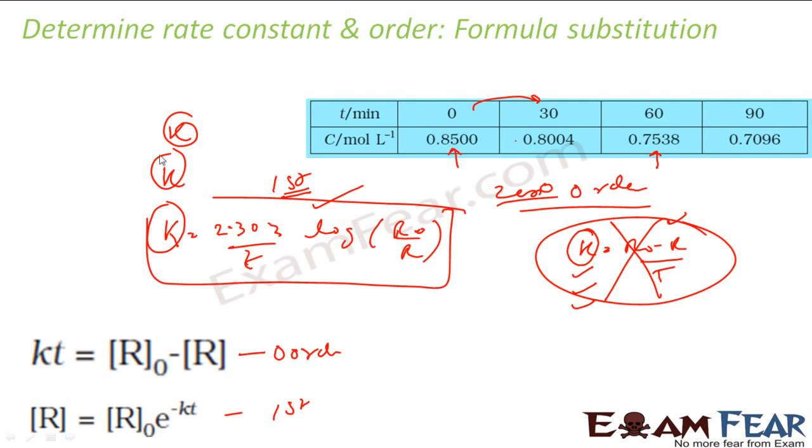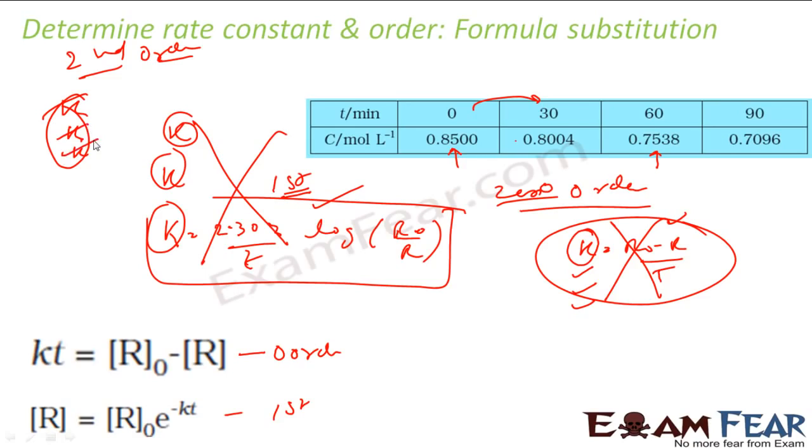If the values of k are consistent, we say it is a first order reaction. If not, again we cancel this and assume it is a second order equation. We write the formula of the second order equation and try to fit in the values of the experimental data to find different values of k. If all the values of k are consistent, I say it is a second order equation. Correct? It's a hit and trial method.